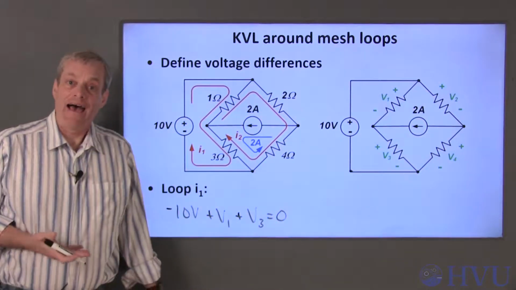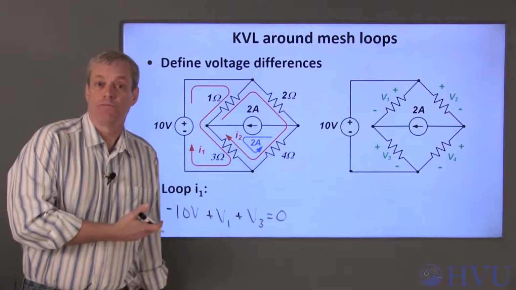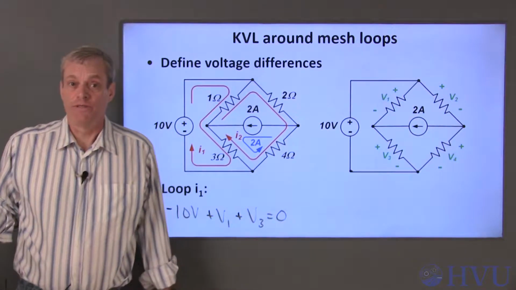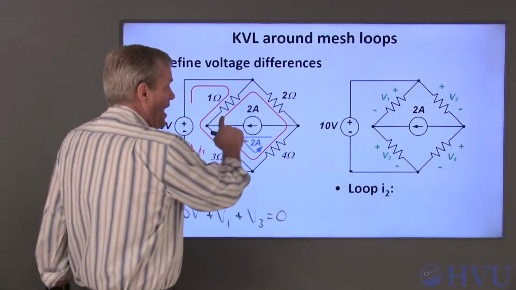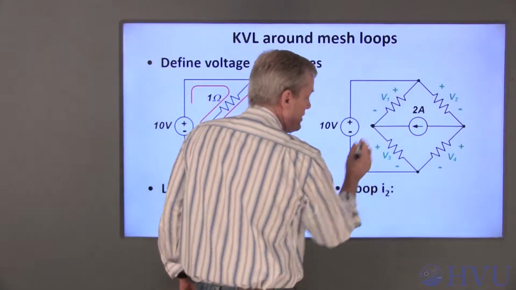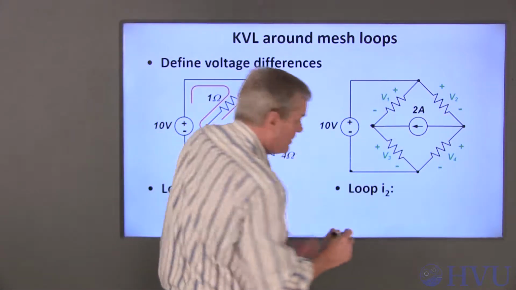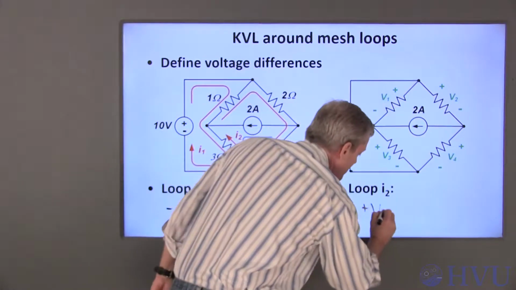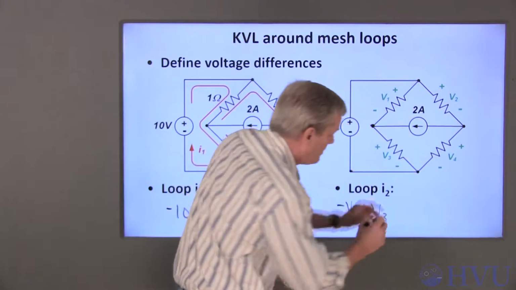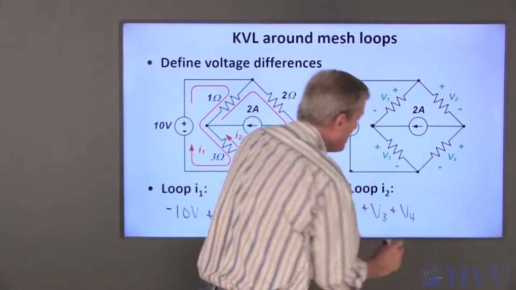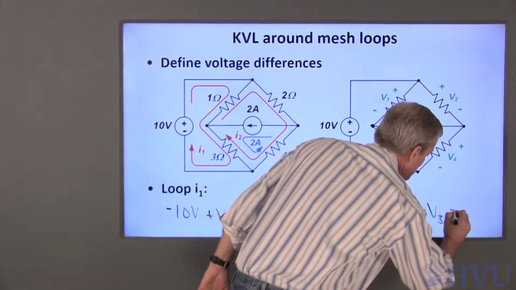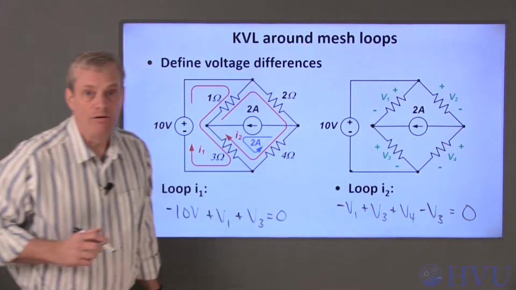As usual, I'll add a voltage if I encounter its positive terminal first, and subtract it if I encounter its negative terminal first. Following the loop current I2, if I start here, I see the negative terminal of V1, so minus V1 plus V3 plus V4, and then I hit the negative terminal of V3 last, minus V3, those sum up to 0.